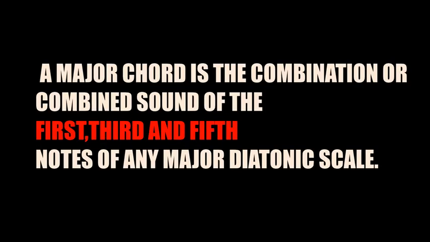A major chord is a combination of the first, third and fifth notes of any major diatonic scale. I repeat, a major chord is the combination of or the combined sound of the first, third and fifth notes of any major diatonic scale.